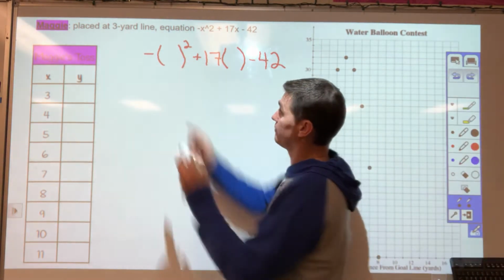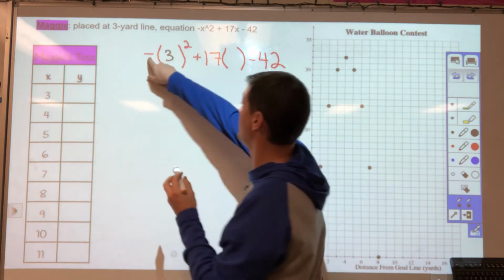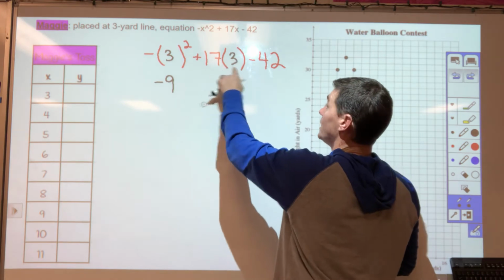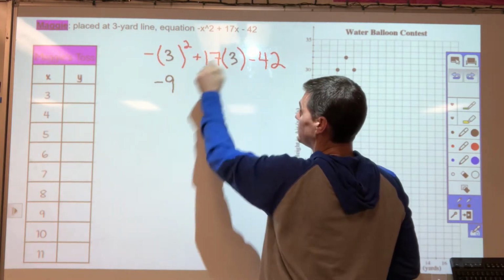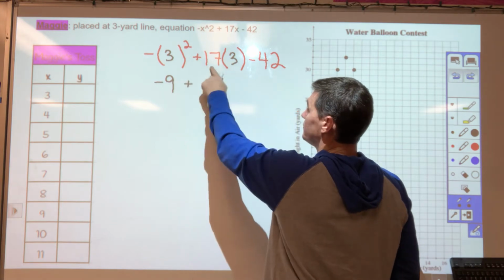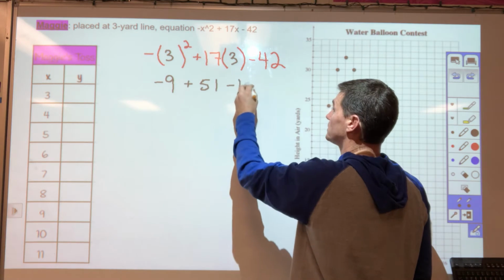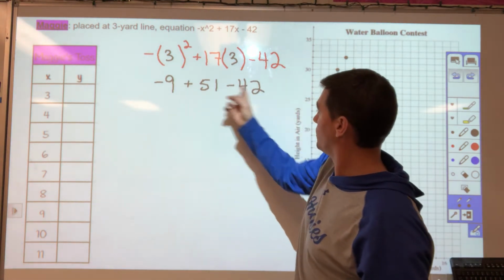So we plug in our first value, 3, and we go 3 squared. And we know 3 squared is 9. Make it negative. All right, 17 times 3. Positive times positive, so we know this is going to be positive. We've got 51. And lastly, we're going to subtract 42. All right, negative 9 plus 51, take away 42.